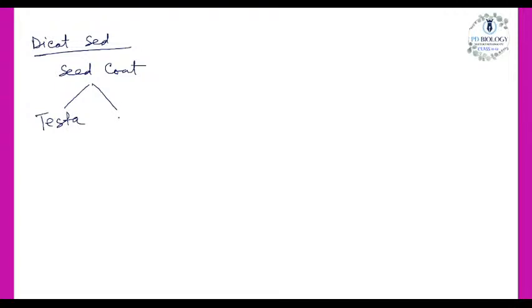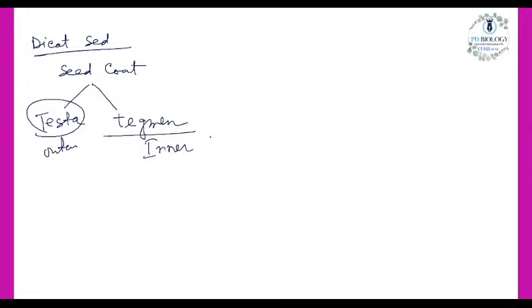So in case of a dicot seed, the outermost covering is called the seed coat, and the seed coat has two layers. The outer layer is called testa and the inner layer is called tegmen. Very important. This is the outer, and that's the inner. Testa and tegmen.